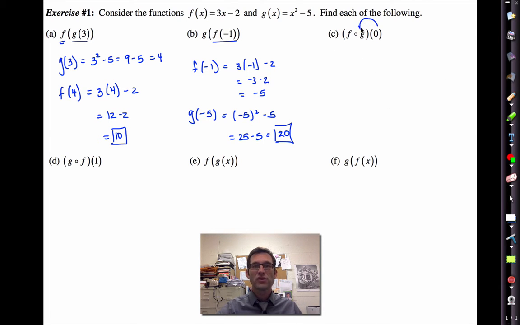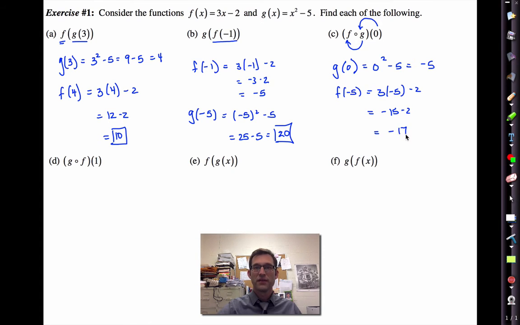The 0 actually goes into g as its initial input. That then goes into f to get the final output. So literally, we have to figure out g of 0, which is going to be 0 squared minus 5, which ends up being negative 5. And then we need f of negative 5, which is 3 times negative 5 minus 2, negative 15 minus 2, or negative 17. All right, now that you've reviewed that notation, why don't you go ahead and do letter D.